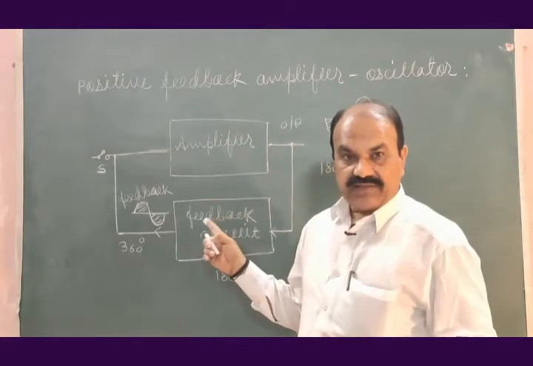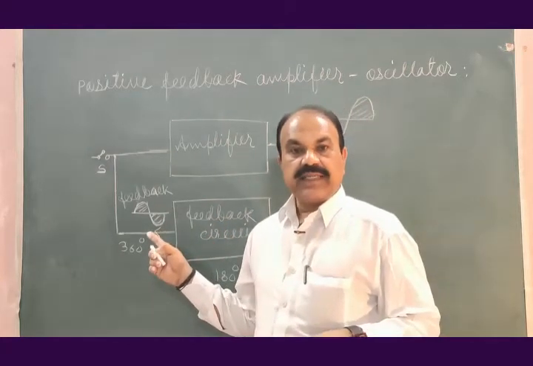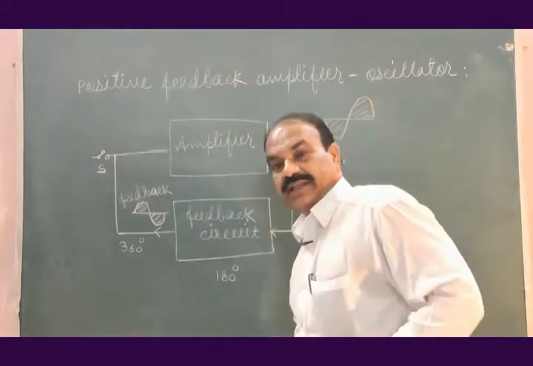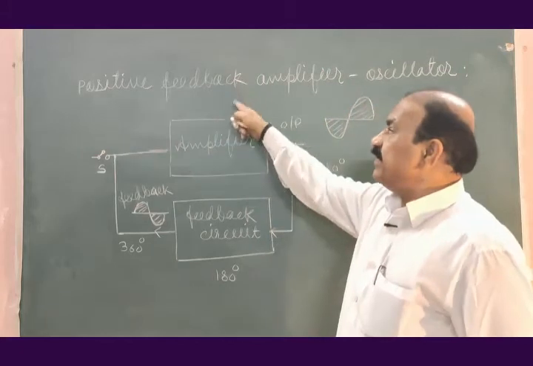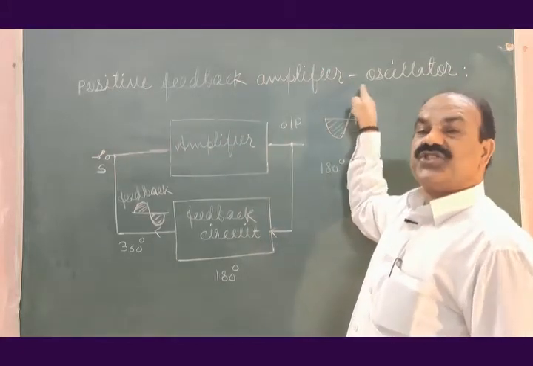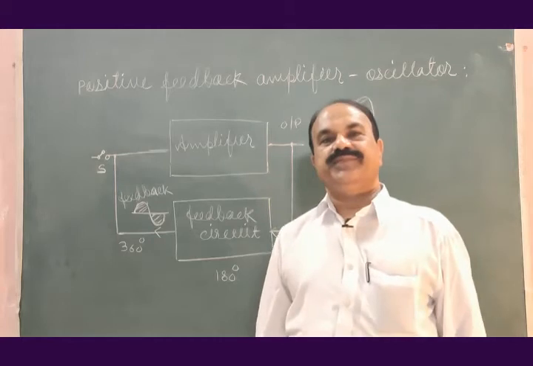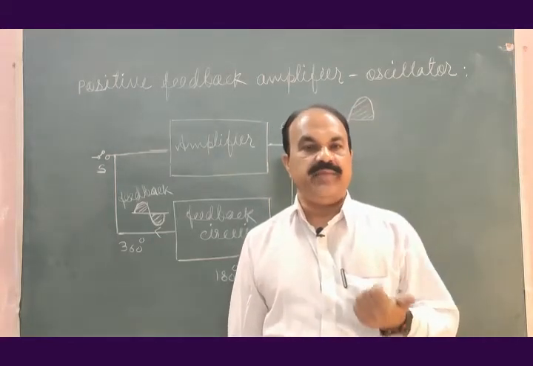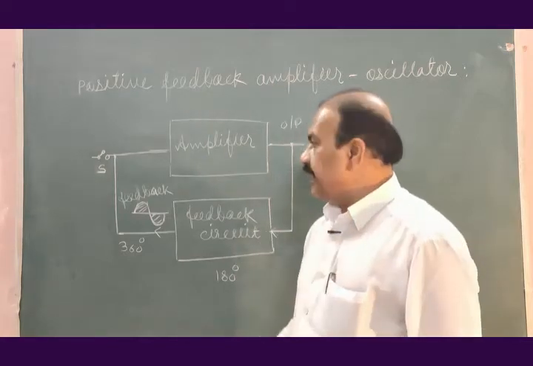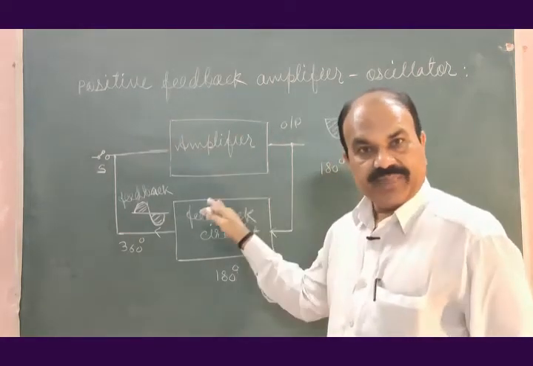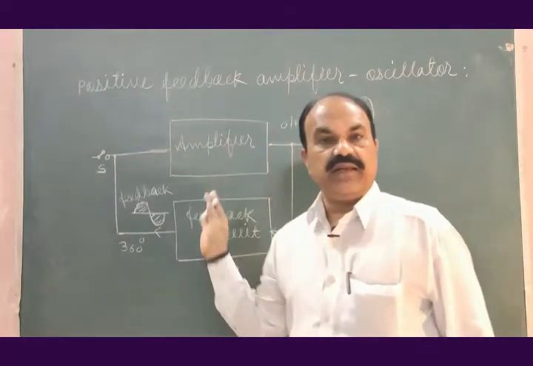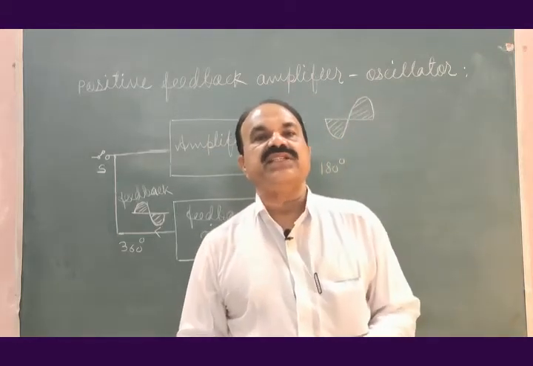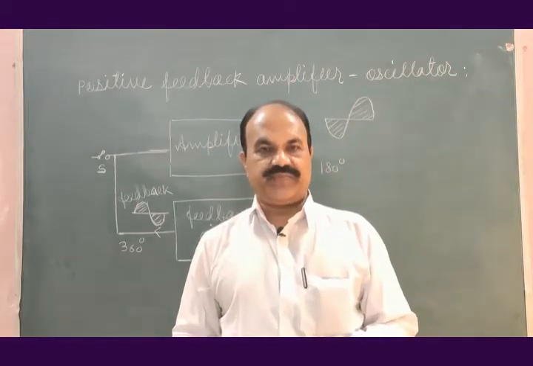Now, if this circuit can generate sinusoidal oscillations, then we can call this circuit a positive feedback amplifier, which is nothing but an oscillator. And in practice, whenever we design and build an oscillator circuit, it is built this way. There is no input AC signal, and this circuit is capable of generating the sinusoidal oscillations.